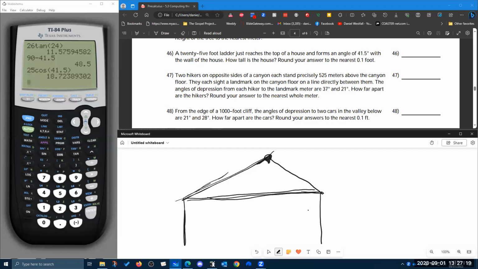For this person to look at that is 37 degrees, and this one is 21 degrees.